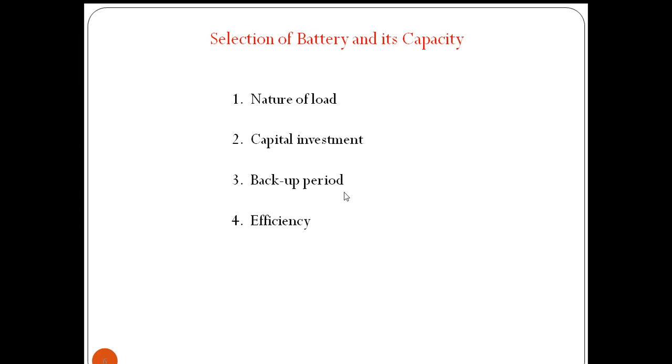Is there any continuous requirement of battery, or it may be required for a smaller amount of time, depending on the local area of the concerned distribution system. And the efficiency of the battery is also one of the key factors while selecting the battery.